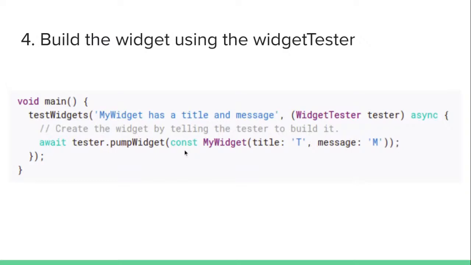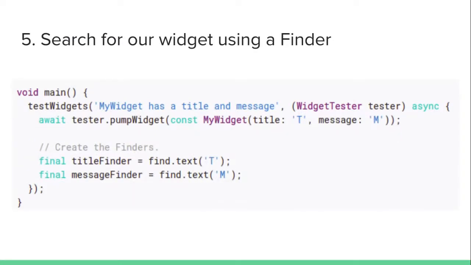Step number 5, you can search for our widget using a Finder. After implementing the widget called MyWidget, we should find the widget itself to expect whether the value appeared or not.